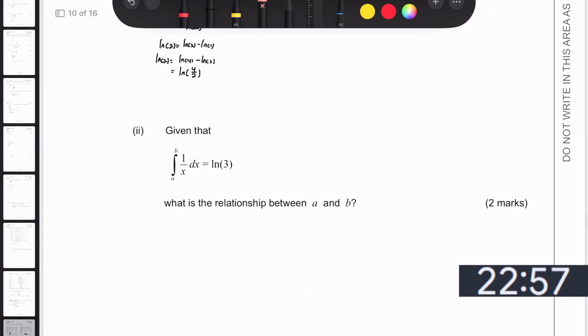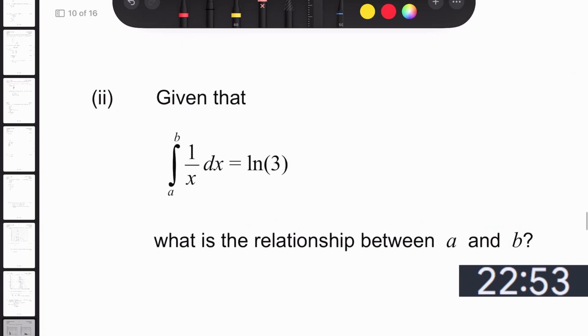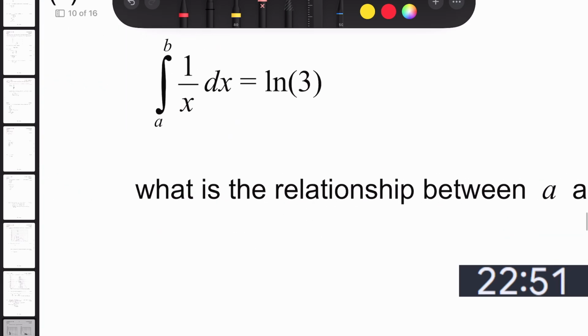Okay, given that that was the relationship between A and B, we can say that ln of B minus ln of A is equal to ln of 3.